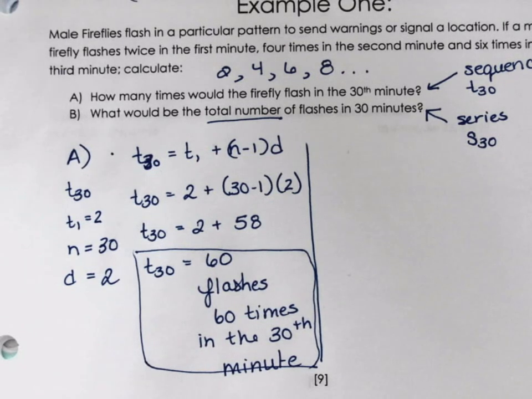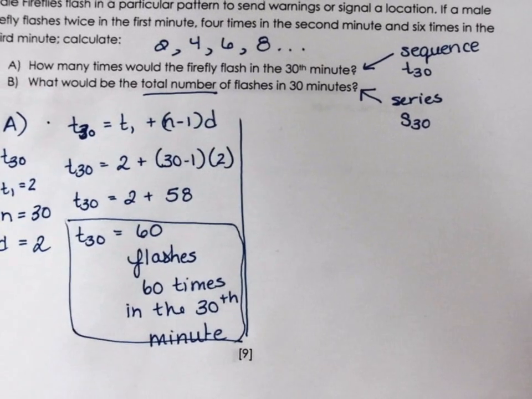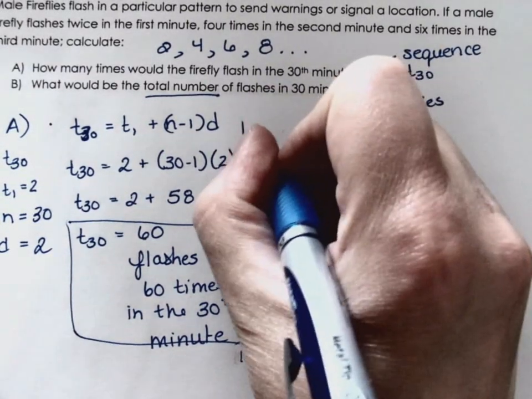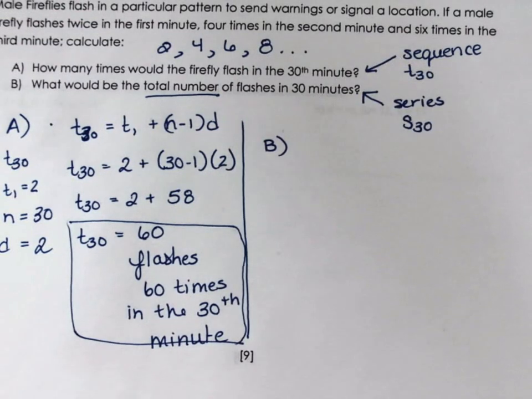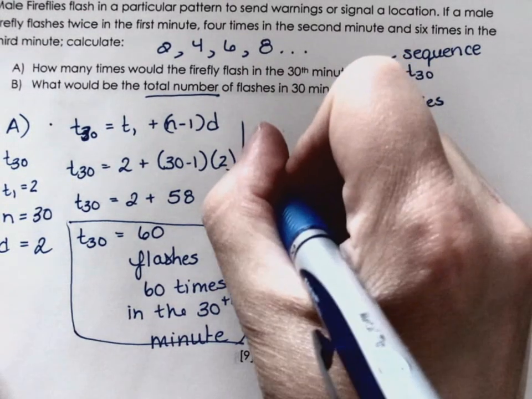So now in part B, it asks the question, hey, how many times did it flash over the entire 30 minutes? I know in the last minute it flashed 60 times, and I know in the first minute it flashed 2 times. So I've got some information there to work with. What option would you guys use? Would you use option 1 or option 2 for formulas? 2.